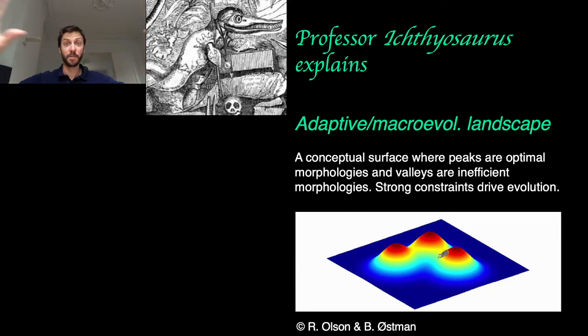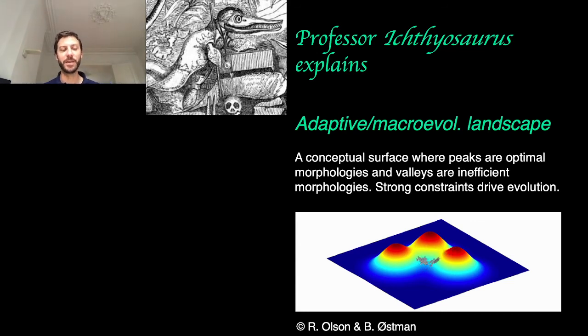So here, Professor Ichthyosaurus is going to explain what is meant by that. What we call adaptive or macroevolutionary landscapes is actually some kind of a conceptual surface. It's really a concept, right, that you might see on the bottom here, where the peaks in this landscape would be the optimal morphologies, and the valleys in between the peaks would be regarded as inefficient morphologies.